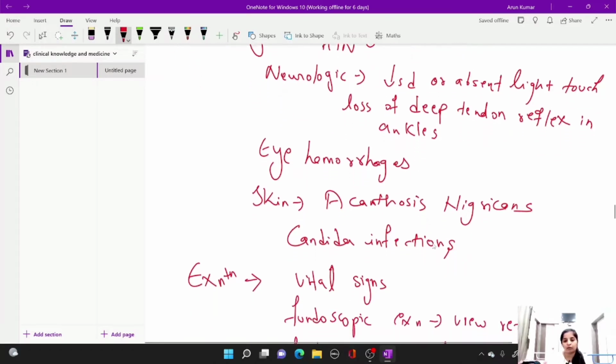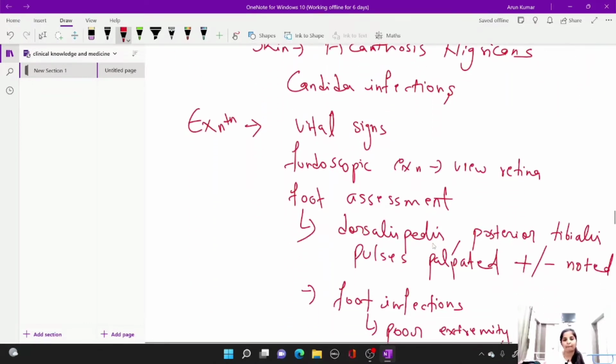Then in examination further, vital signs will be seen, and fundoscopic examination, in which we will view the retina for any retinopathy or any hemorrhage exudates.